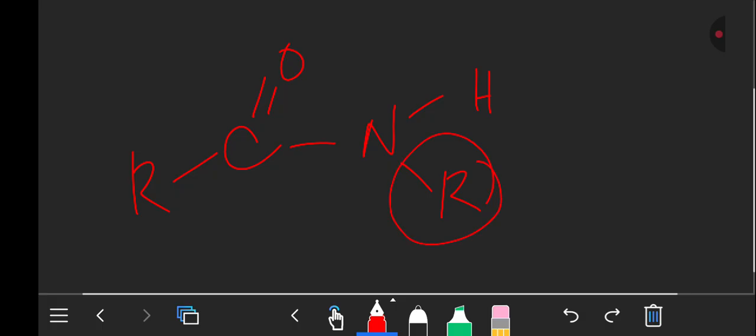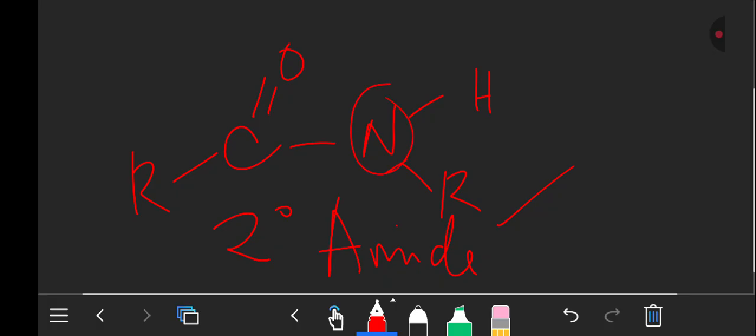It has this group, and we're considering this also as another group. So it's bonded to 2 groups, and for that reason we call it a secondary amide. It's very important that we understand that.